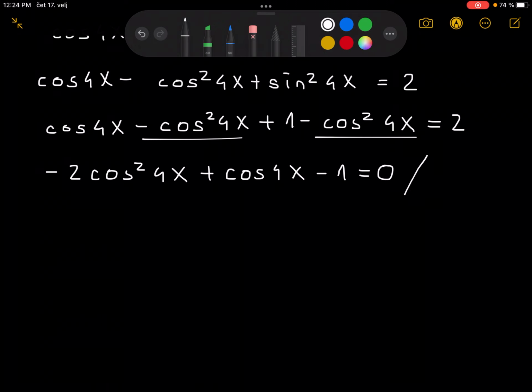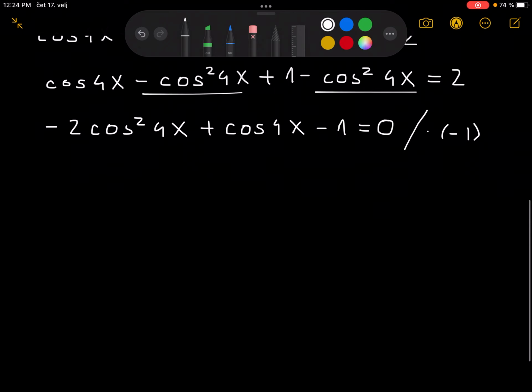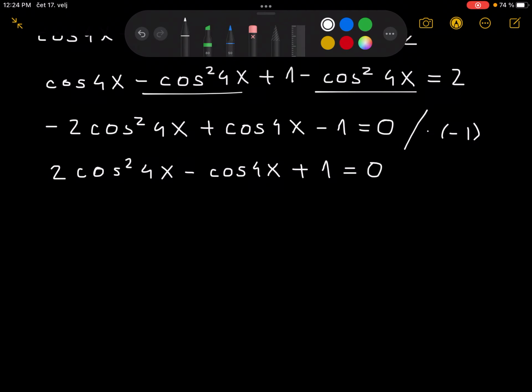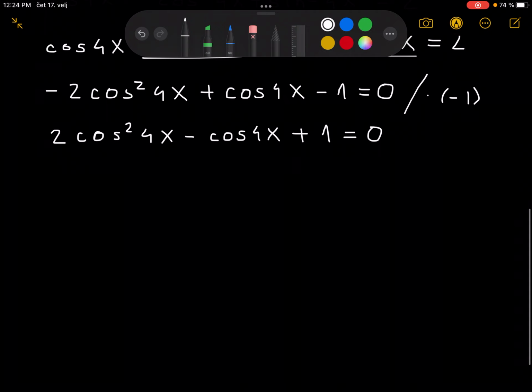Now, since I don't like the a term to be negative, I'm just going to multiply everything by negative 1. The solutions to the equation, if they exist, will stay exactly the same. So 2 cosine squared of 4x minus cosine of 4x plus 1 is equal to 0. And this, of course, is a quadratic equation in terms of cosine of 4x.